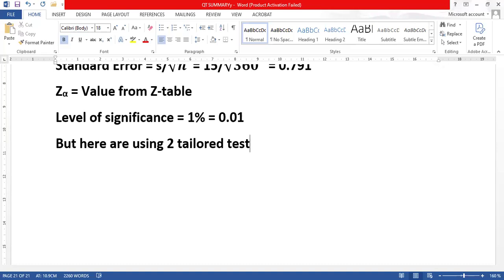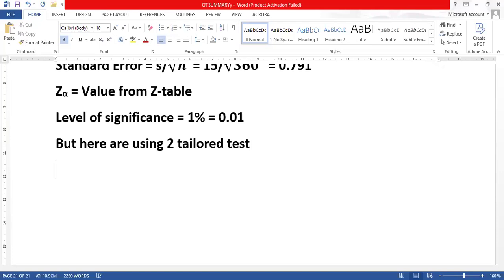The lower limit may be negative, but there is already the assumption that it can be. You don't know exactly the side, so you're dealing with two sides. Okay, here we are using a two-tailed test.